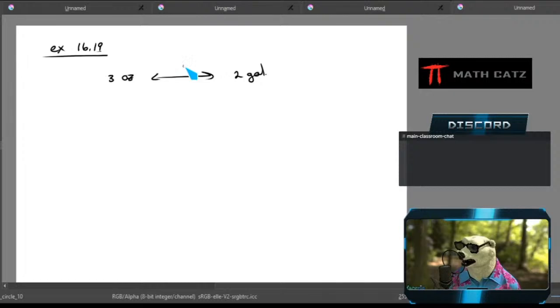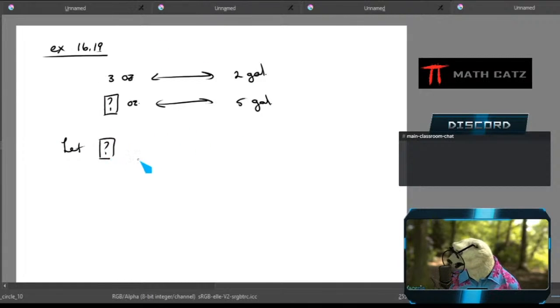It's only when the units are the same that I have to have some extra description here to remember which is which. Then they say 5 gallons of water is going to correspond to how many? See, there's always one of these that is missing. How many ounces? Now I know I'm going to set my equation up from this, but the first step is defining the unknown variable.